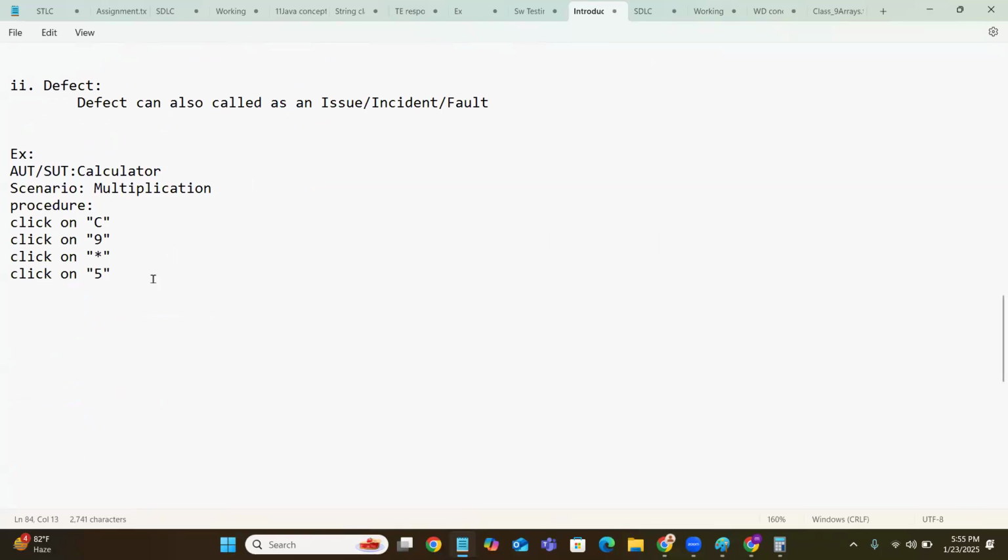Then I click on equal to button. If I do like this, what is the output we expect here? Expected result 45, right? Expected result 45.